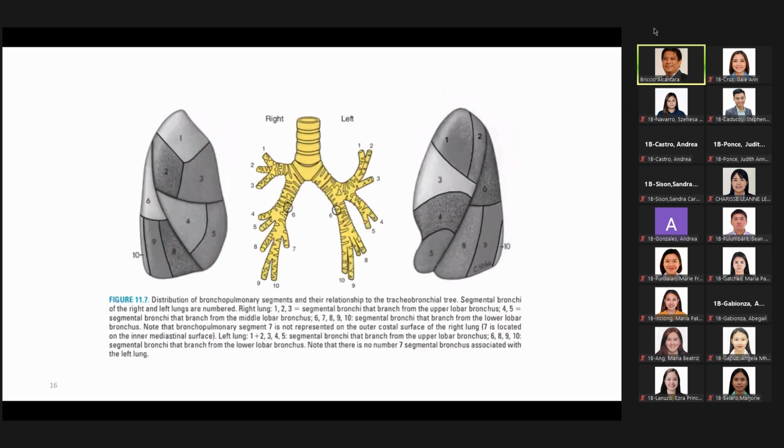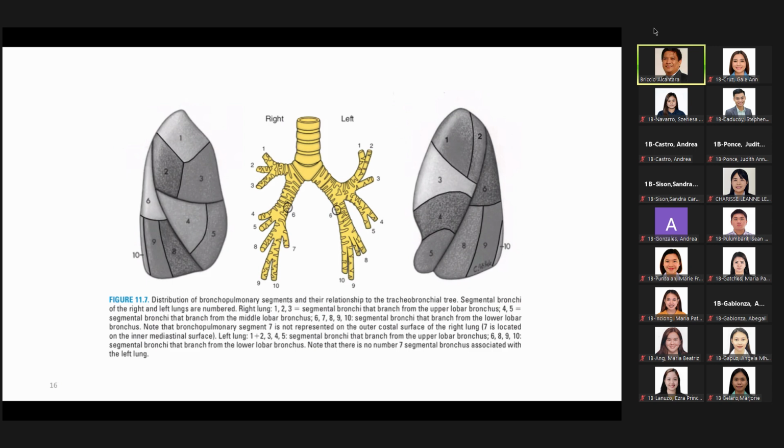Now, in regards to the development, you now have your trachea, which will develop into the right and the left main stem bronchus, and you now have your pulmonary segments here. So the lung will divide into two bronchial buds.